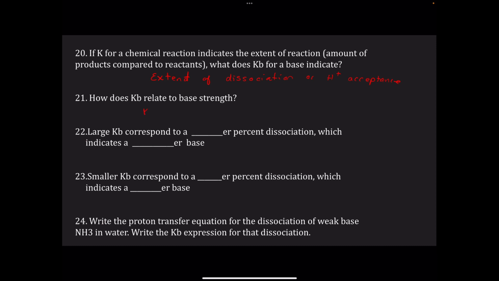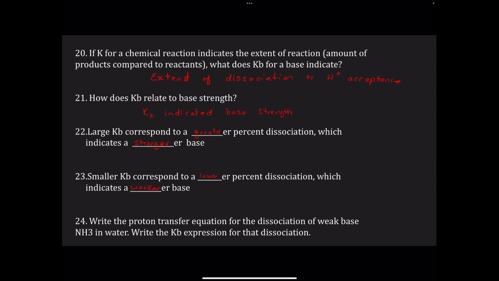So Kb indicates our base strength. Larger Kbs correspond to greater percent dissociation or greater acceptance of hydrogens, which indicates a stronger base. Smaller Kb corresponds to lower percent dissociation or a weaker ability to accept hydrogen, which indicates a weaker base.